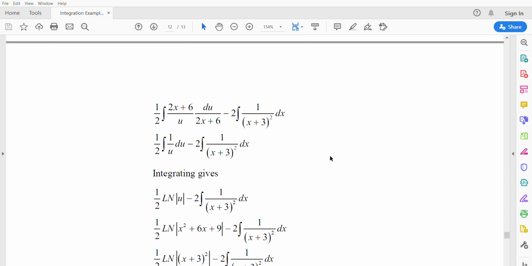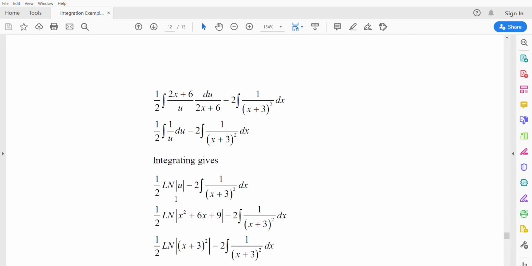The antiderivative of 1 over u gives me the natural log of the absolute value of u. So I have 1/2 times the natural log of the absolute value of u minus 2 times the integral of 1 over x plus 3 squared dx.